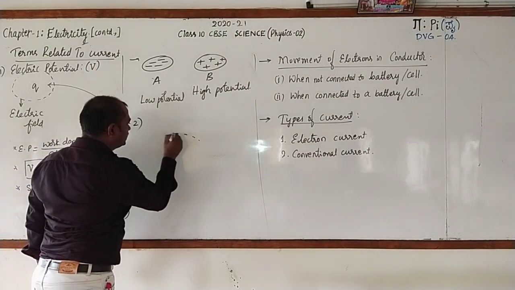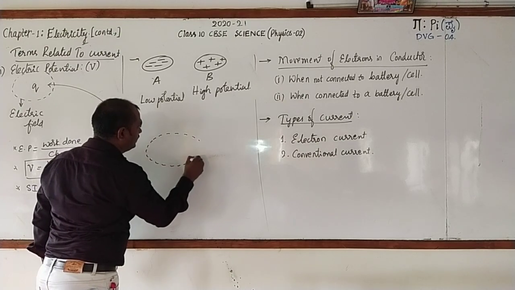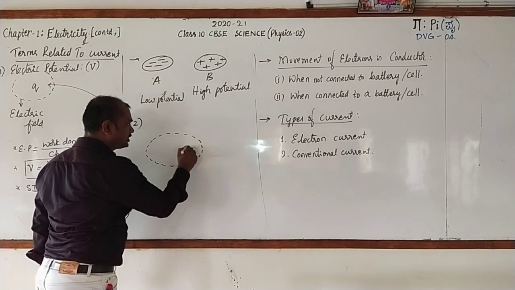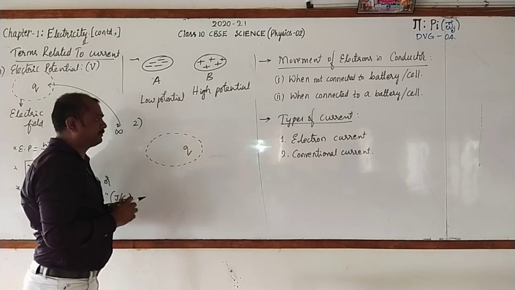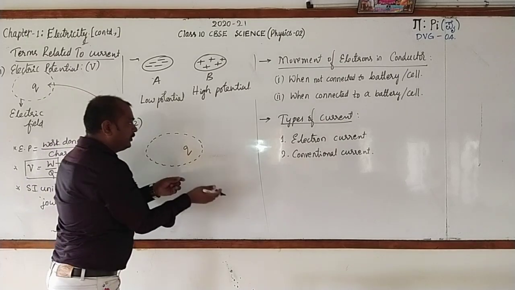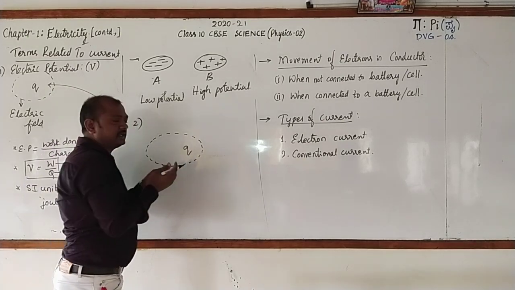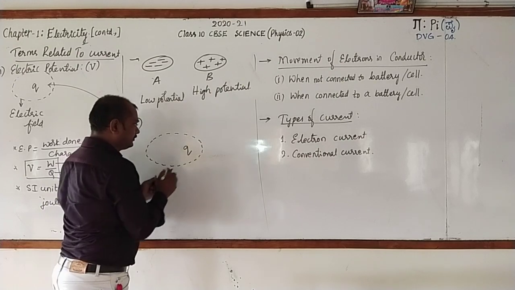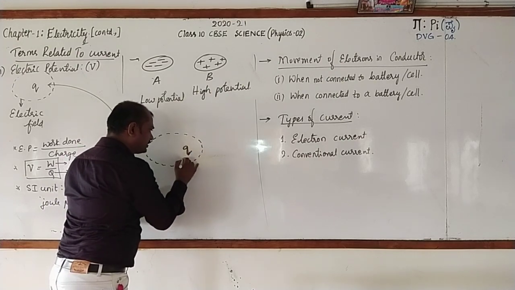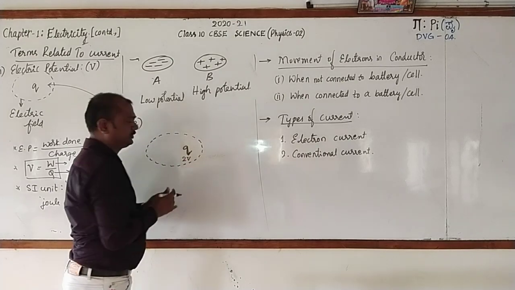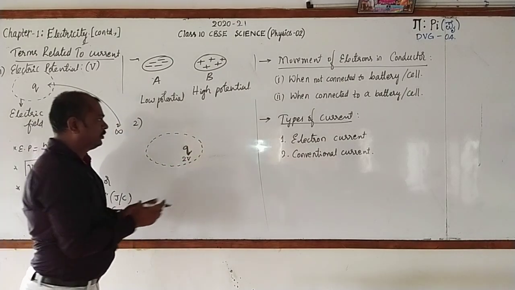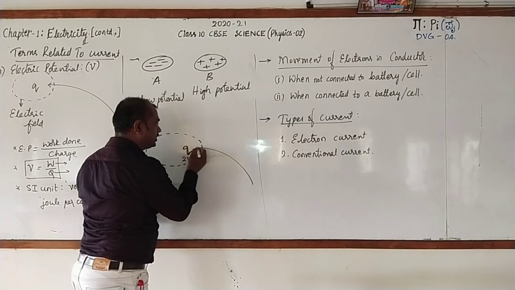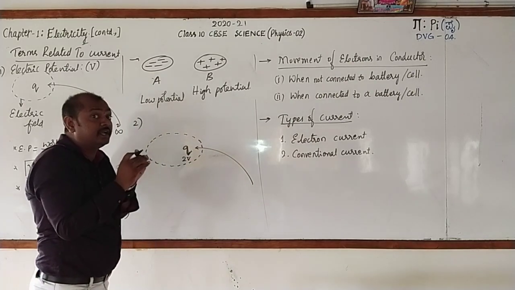Now let us go for understanding one more term. Again I take the electric field. A charged particle is already placed, and when it is placed, it experiences a mechanical force. Now it is at some potential, call it 2 volt. When another charged particle is brought nearby, it gets displaced.